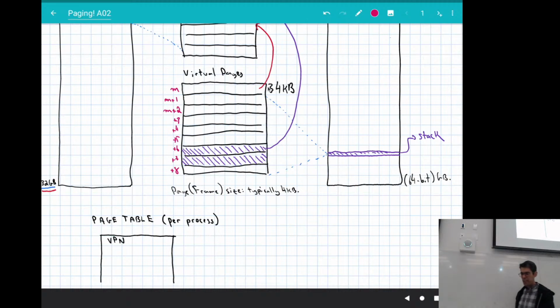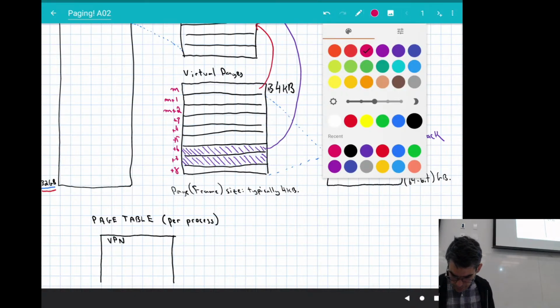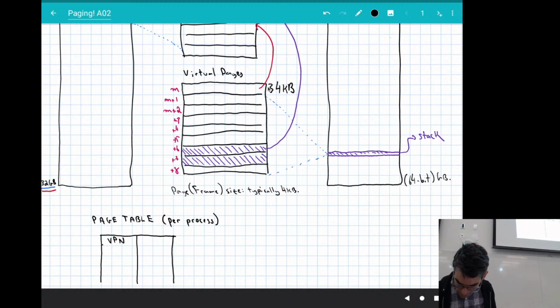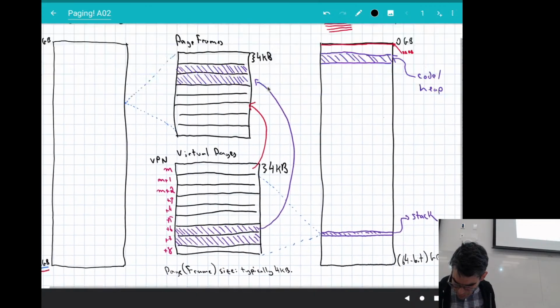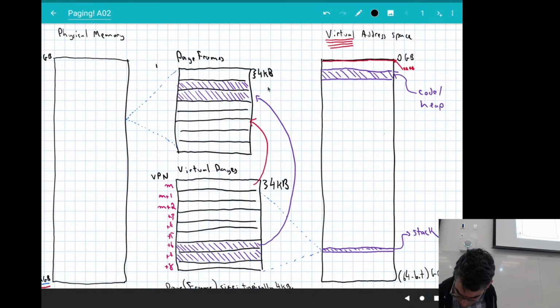My page table is going to be indexed by these page numbers, and the mapping that we're going to have is to a physical frame number. So here we've got the virtual page number, and the physical frame number is going to be up here. This is where this actually lives in physical memory. And these are going to be labeled things like N, N plus 1, N plus 2, plus 3, plus 4, plus 5, plus 6, plus 7.